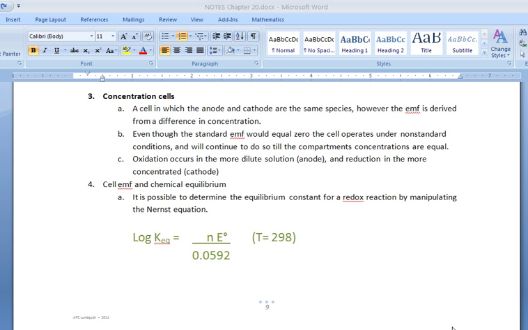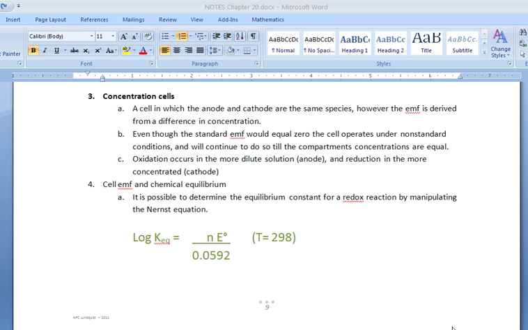Now some batteries don't work like I've been showing you so far. Some batteries work on a difference of concentration rather than a difference of species. So if you have the same species, you can have the battery work, it just has to have a different concentration.